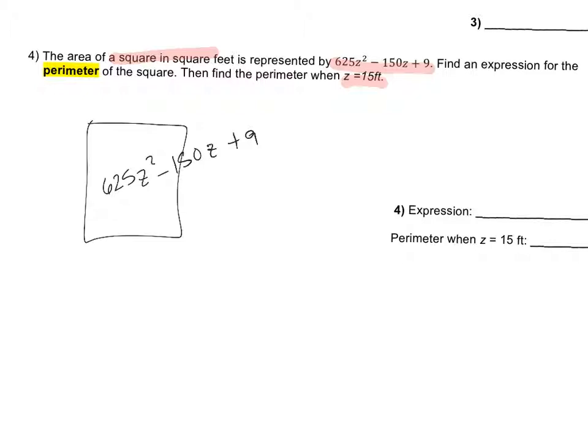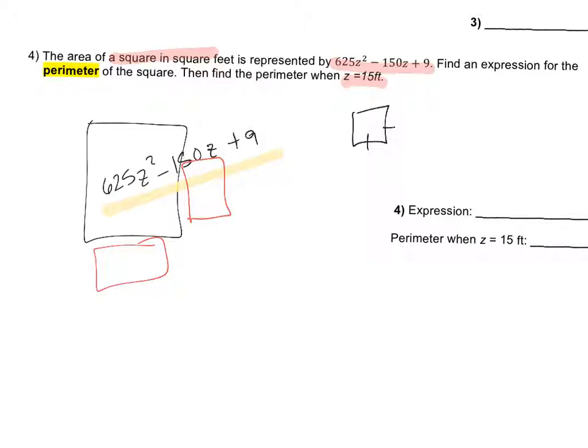What do I know about the fact that the area of a square is given in relation to the sides of a square? Even though it's a crazy looking expression up there, a square by definition has all equal sides. So if the area of that square was this crazy funky expression, then I know that the two sides have to be the same.